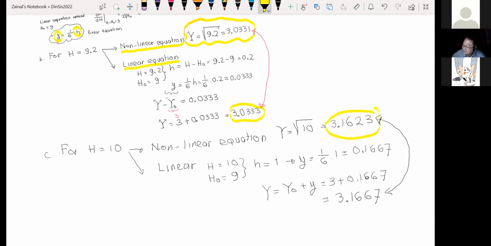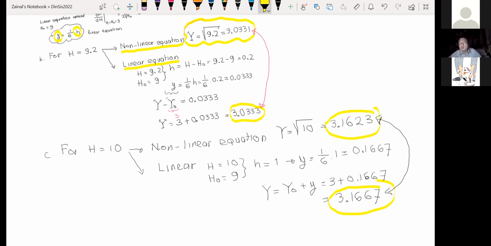This one, compare with this one. Okay, what is the conclusion? The conclusion is the linear equation is just the same.